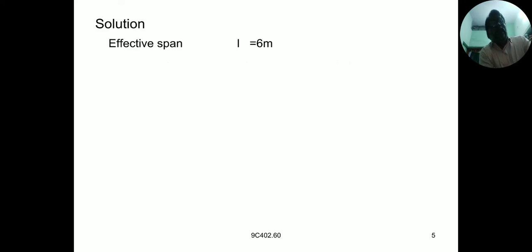Effective span L is equal to 6 meters. Spacing of beams is 3.5 meters center to center.